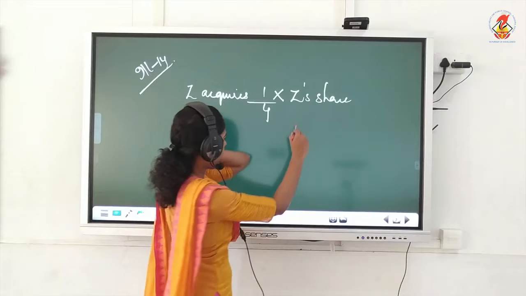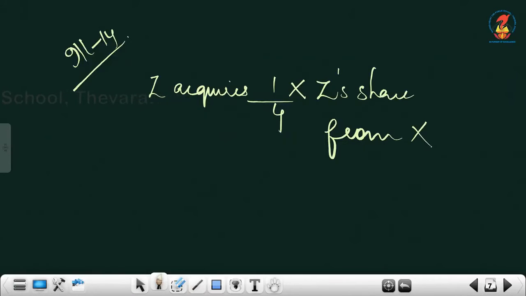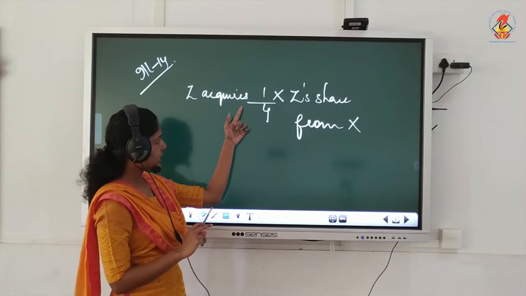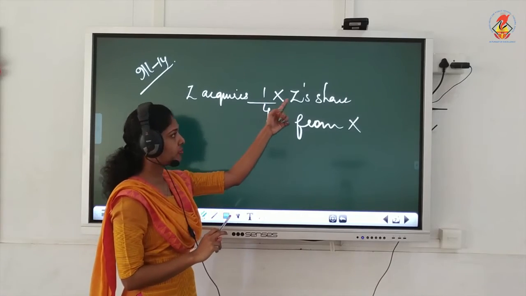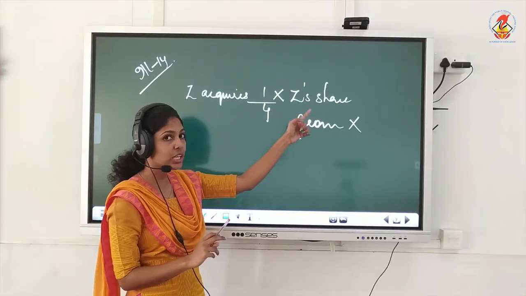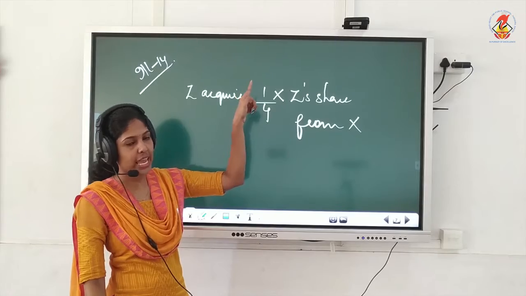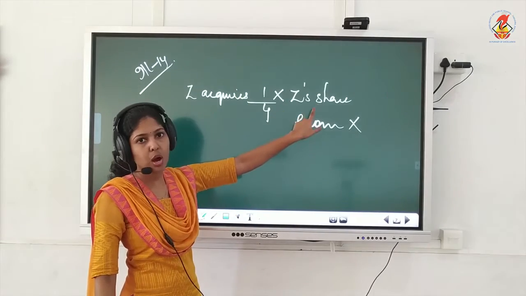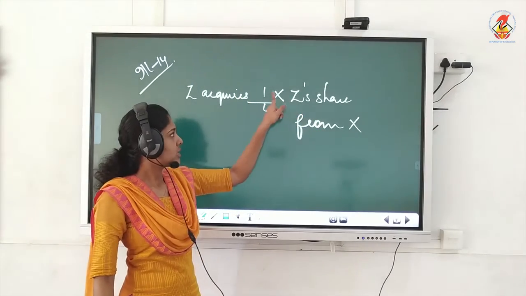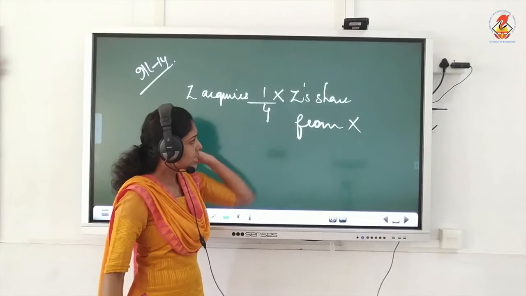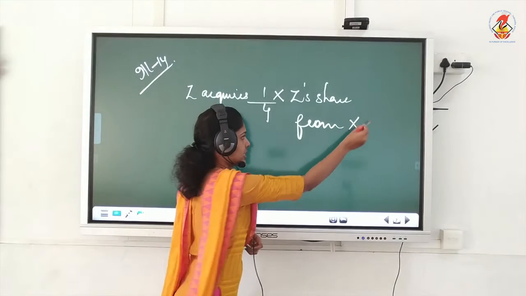And this is taken from X. Z will be taking 1/4 of his share. His share usually you will be taking X share. Whereas here they are talking about Z's own share. So 1/4 of Z share from X.